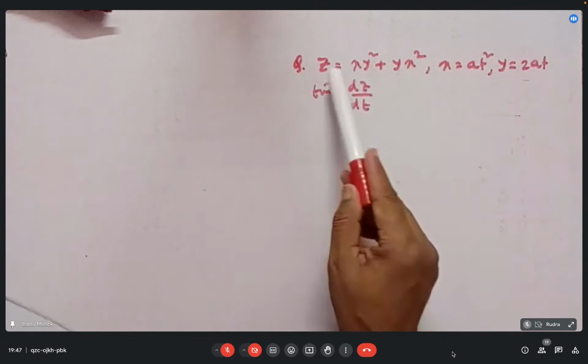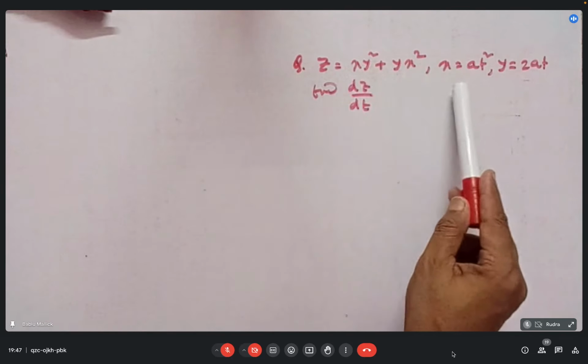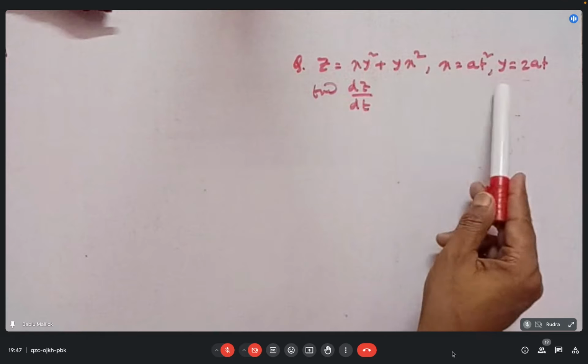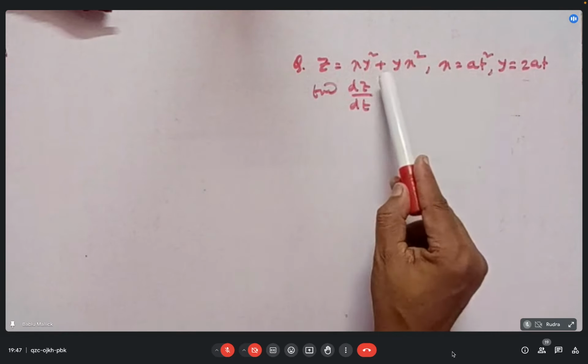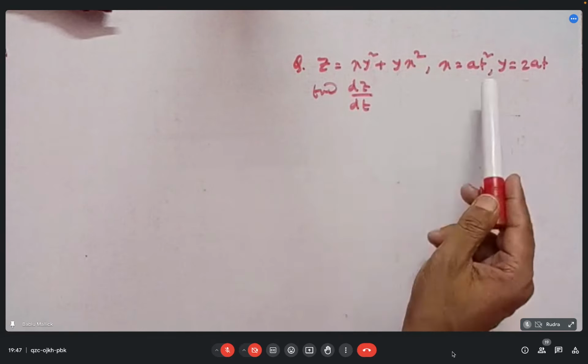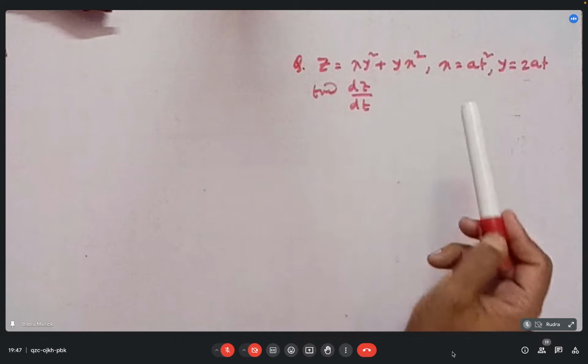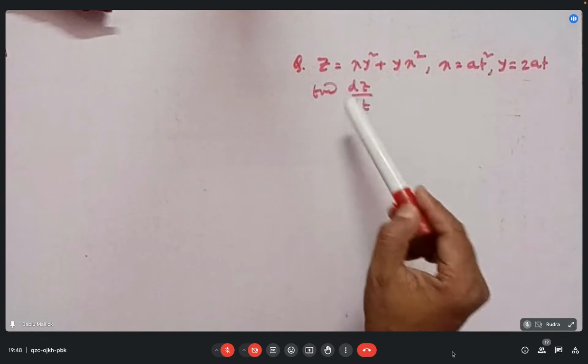Here z is a function of x and y, and x and y are functions of t. If I put the values of x and y here, then z will become a function of t. Here a is constant, so we can differentiate z with respect to t.